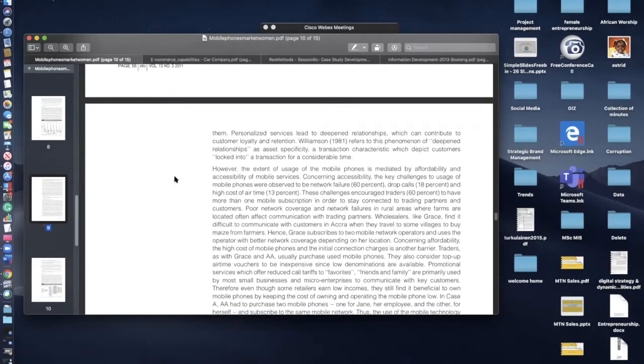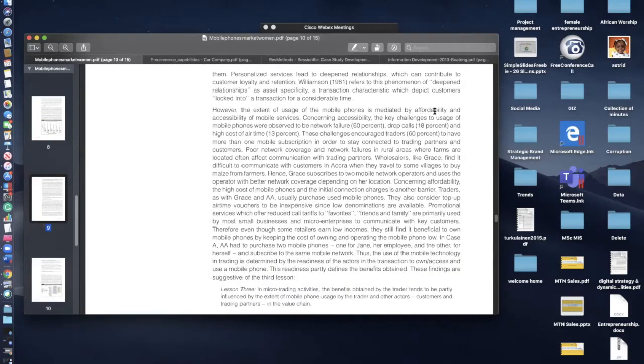However, the extent of using a mobile phone is mediated by affordability and accessibility of the mobile services. Concerning accessibility, the key challenges to the use of mobile phones were observed to be network failure, dropped calls, and cost of airtime. These challenges encourage traders to have more than one mobile phone subscription in order to stay connected to trading partners and customers. One, poor network coverage and network failures in rural areas where farms are located often affect communication with trading partners.